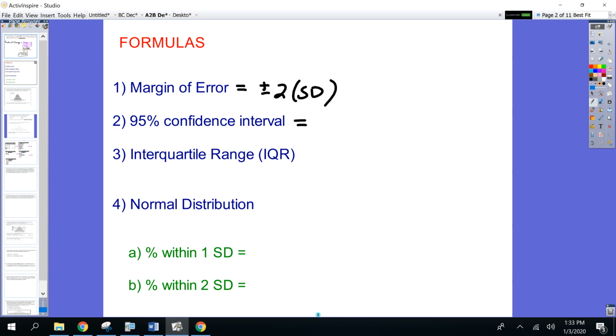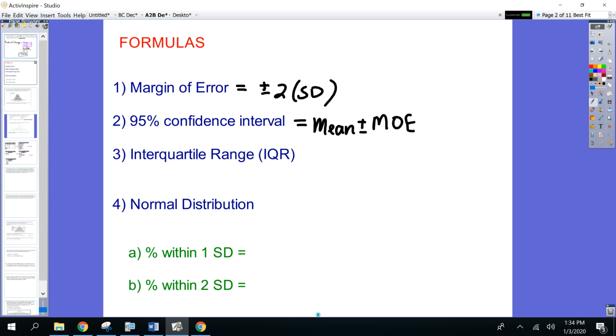How do you find the CI, confidence interval? Mean plus or minus the MOE. What's MOE? Margin of error. Okay, good. That's why I asked for it first.